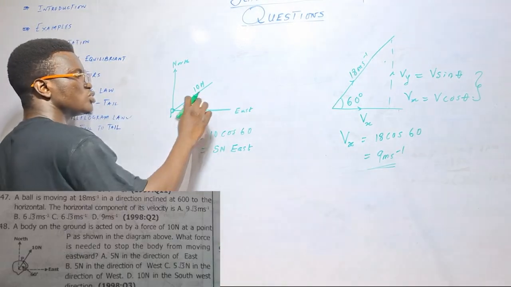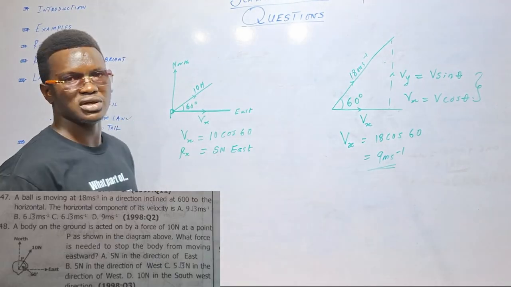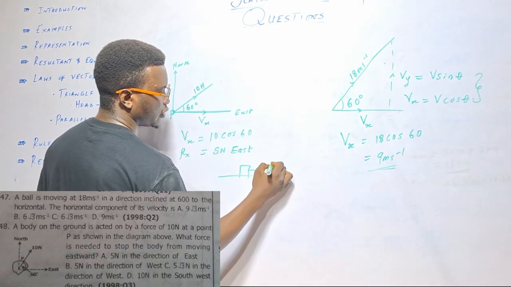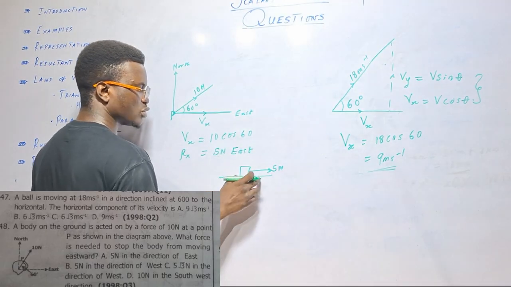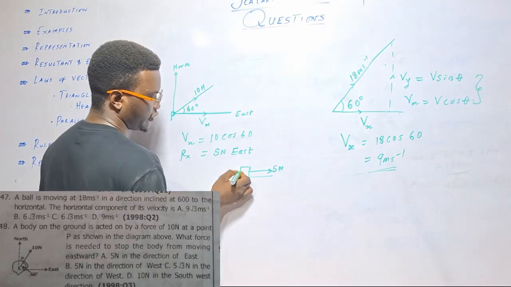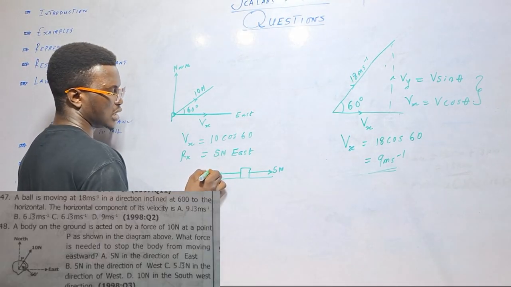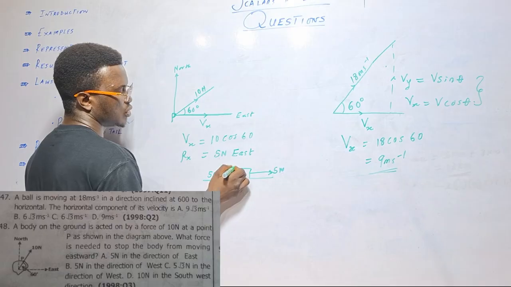So if I don't want it to move eastward, what will I do? I need to apply another force in the opposite direction. There's a box on the ground. A 5 Newton force is pulling it this way. But the question says, what is the force that will stop it from moving this way? A force that will stop it will pull it back in the opposite direction. And that is also going to be 5 Newton, but now in the opposite direction, westward.